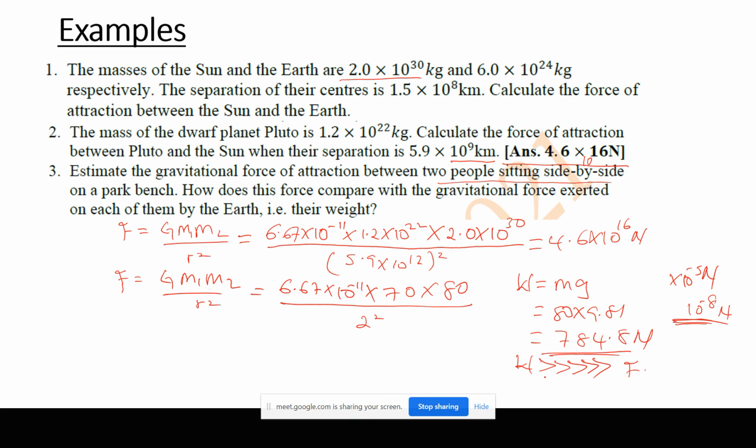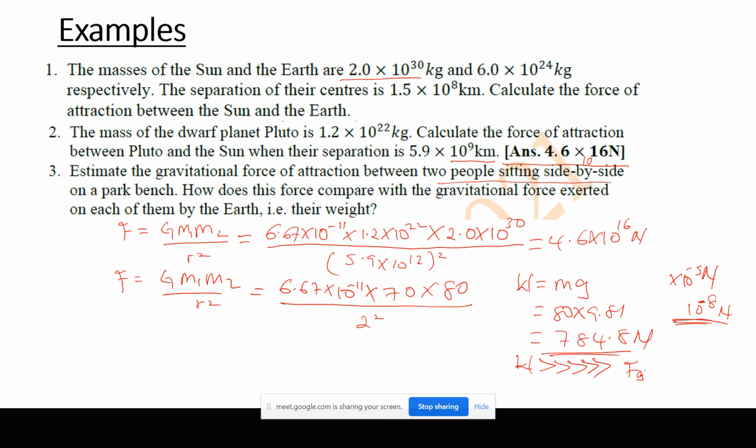The gravitational pull between the person and the Earth is far, far greater than the gravitational force between the two masses, or between the two people.